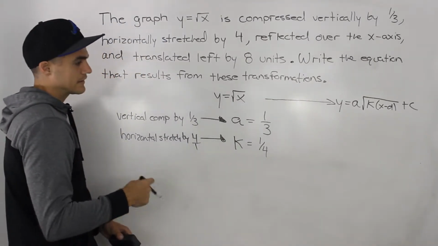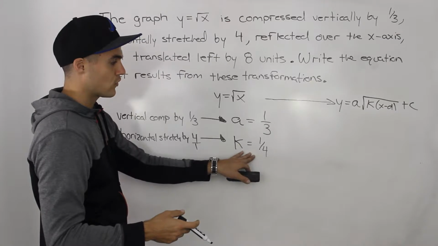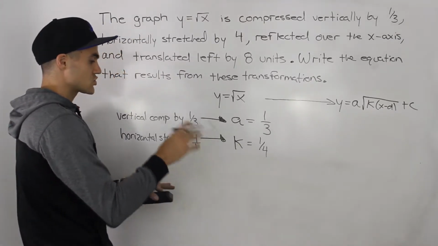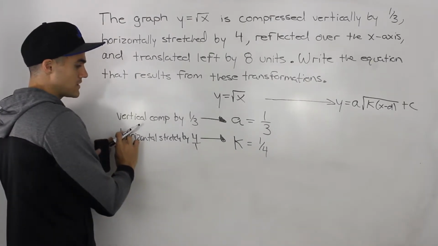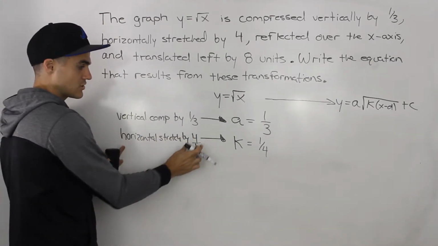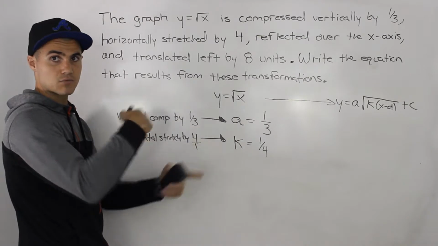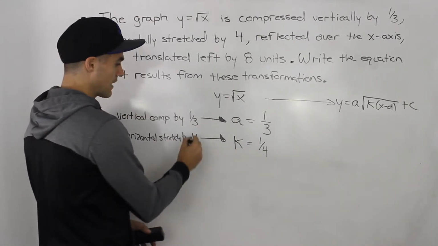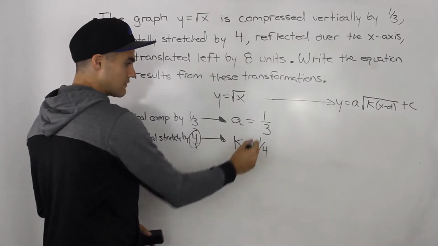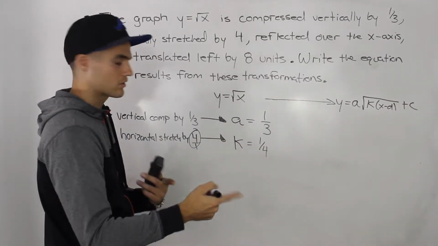So whenever you're given a k value of 1 over 4, that means that it's horizontally stretched by 4. We take the reciprocal. But sometimes you may be given the transformation, like in this case, and you're given the factor. You have to take the reciprocal of the factor to get the k value. So just be aware of that. The factor and the k value are always reciprocals of each other.